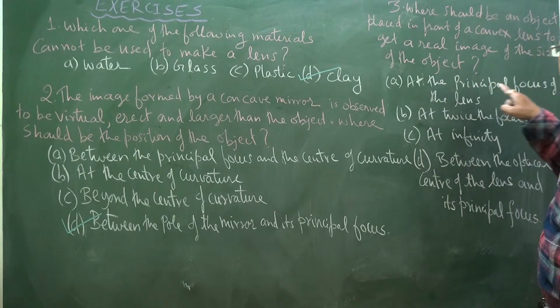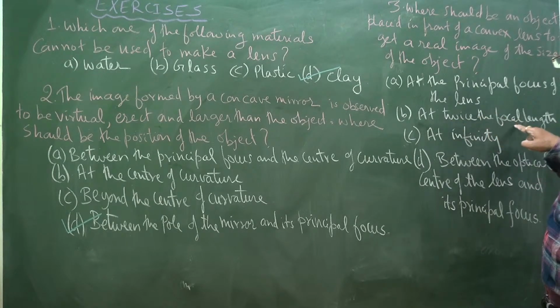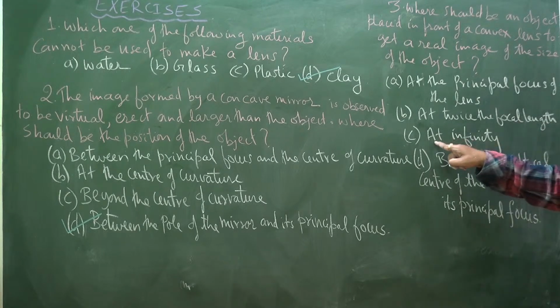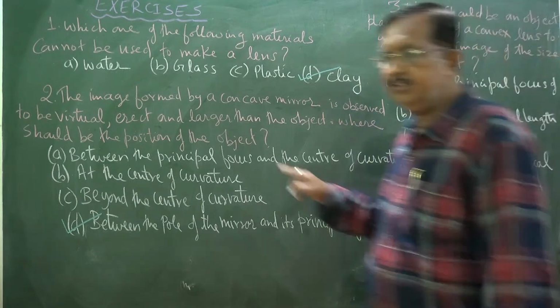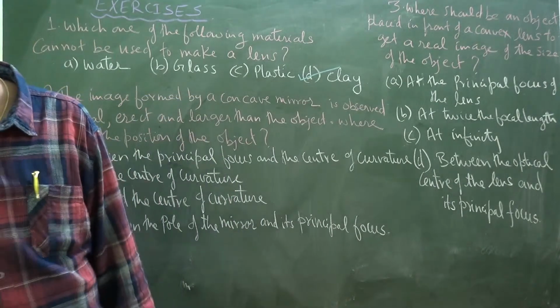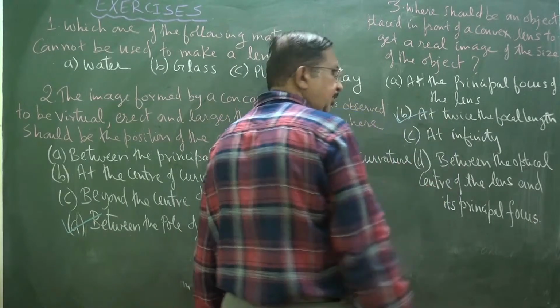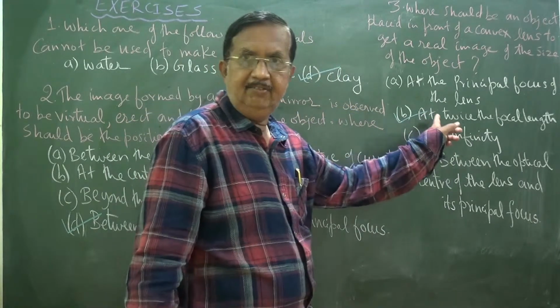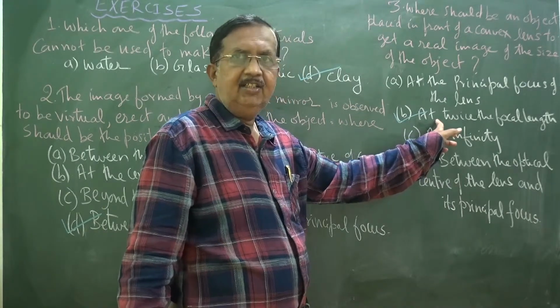At the principal focus of the lens, at twice the focal length, at infinity, or between the optical center of the lens and the principal focus. So in this case, the correct option will be B, at twice the focal length, at 2f. Mark B.